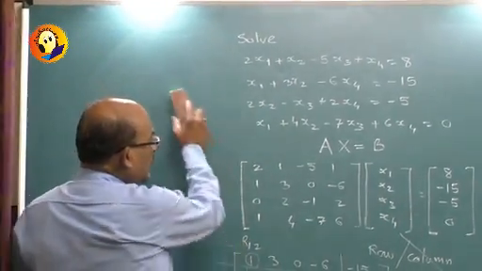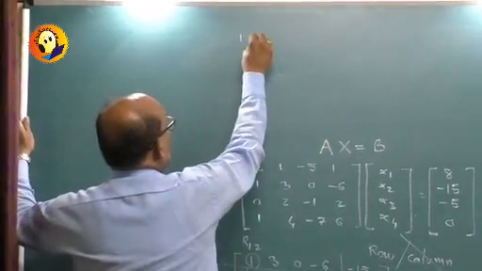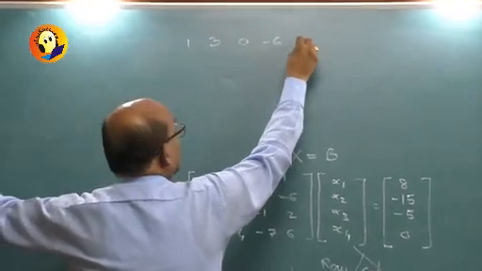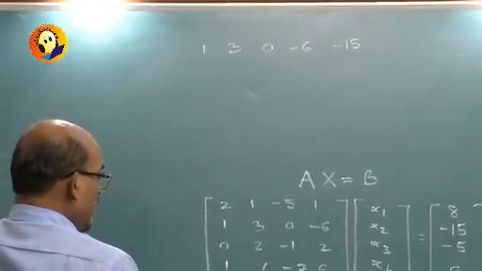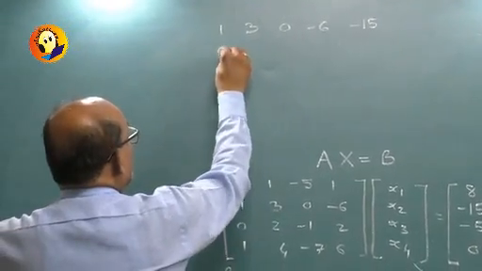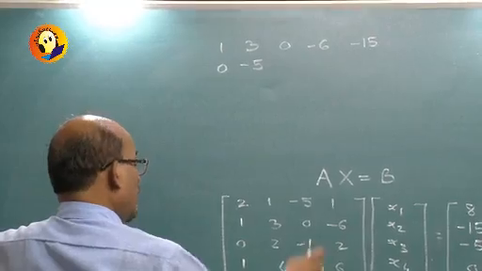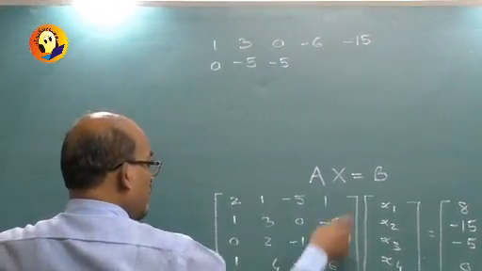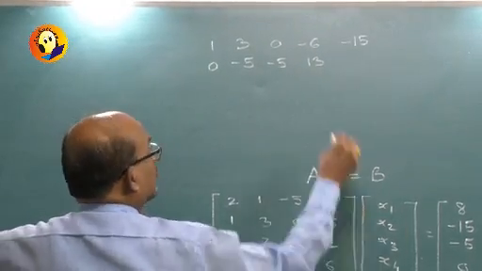So when we do this operation, the first row remains as 1 3 0 minus 6 minus 15. It is R2 minus twice R1, so it will be 0 minus 5 minus 5, and then 13, and 38.